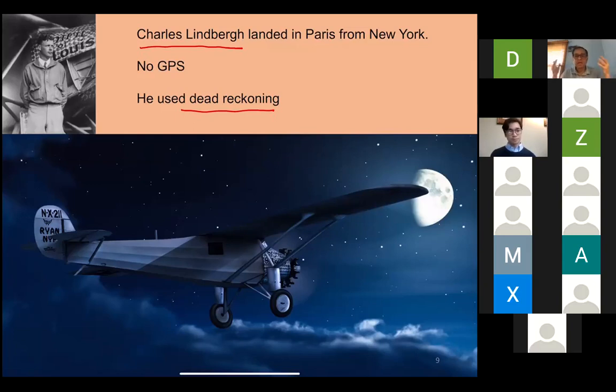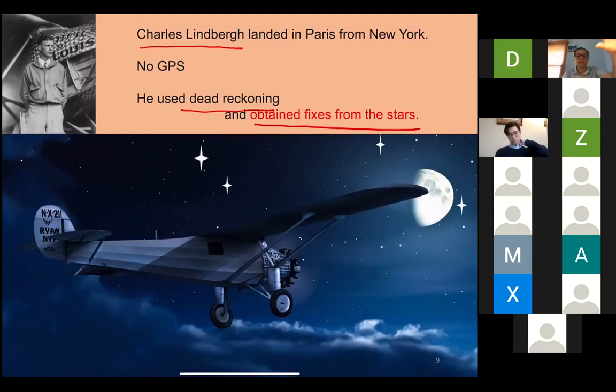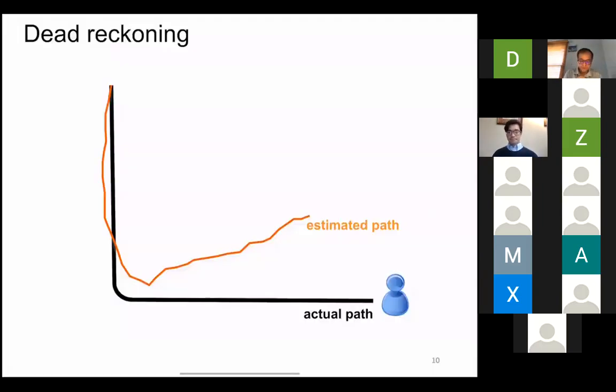That's very hard, because while you're flying over the Atlantic Ocean at night, you can easily diverge. And when he was asked, he said that he actually obtained his fixes from the stars. Just as I touch my piano and my computer to figure out how I have deviated, he looked at the stars and figured out how he had deviated. So if you want to do this kind of dead reckoning in shopping malls, you need stars in shopping malls, stars in quotes.